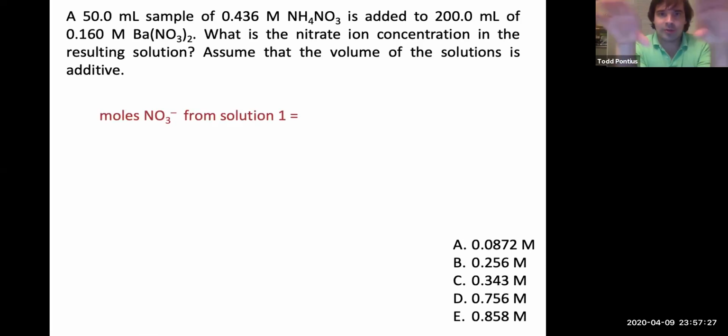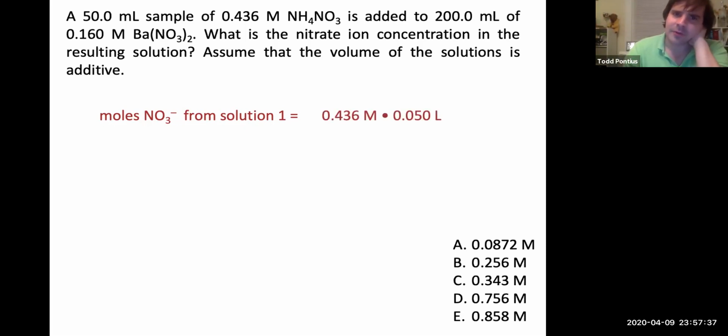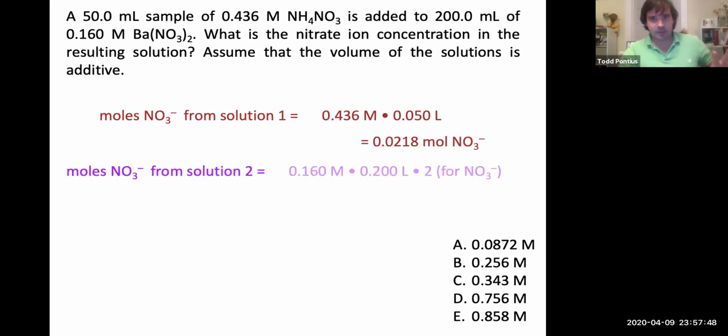Okay, so we're pouring two things together. Each solution has its own amount of moles of nitrate. So we're going to find the total moles of nitrate being poured together into the same flask. From the first solution, it was 0.436 molar, and we had 50 milliliters, 0.05 liters, which gives us 0.0218 moles of nitrate. That was the amount from the first solution. But wait, we had a second solution. So we'll take the 0.16 molar and multiply it by the 0.2 liters.